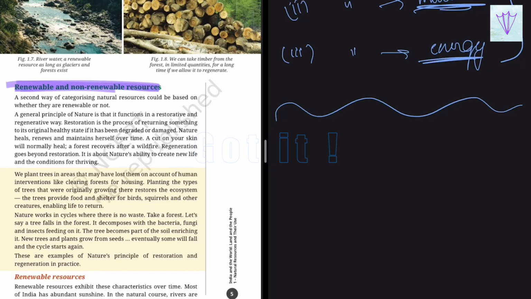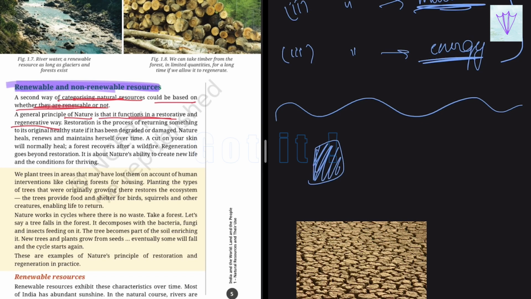The second way of categorizing natural resources is based on whether they are renewable or not. A general principle of nature is that it functions in a restorative and regenerative way. Suppose a particular land has completely dried up, either due to being left without farming or other reasons.